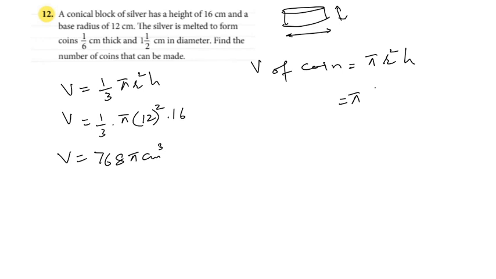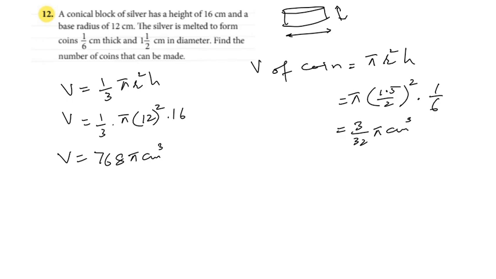The diameter is 3 by 2 or 1.5, so the radius is 1.5 divided by 2, squared, and h is 1 by 6. The calculator gives the volume of one coin as 3 over 32 pi centimeters cube.